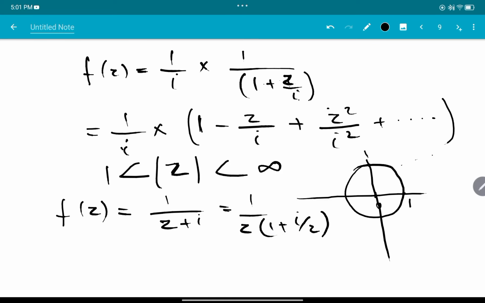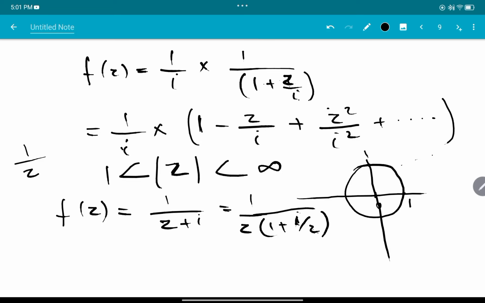Now its modulus is 1 divided by z. Now this is of course less than 1, sorry, z should be greater than 1, so it satisfies this condition.